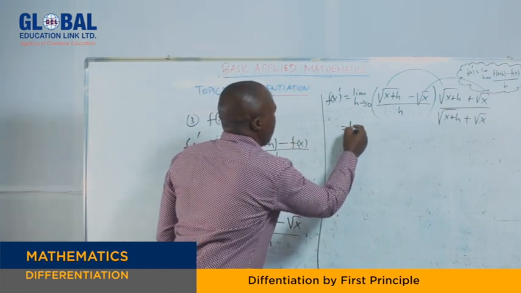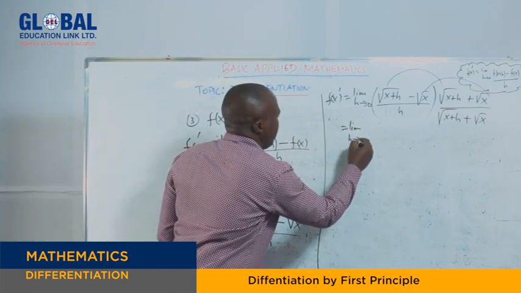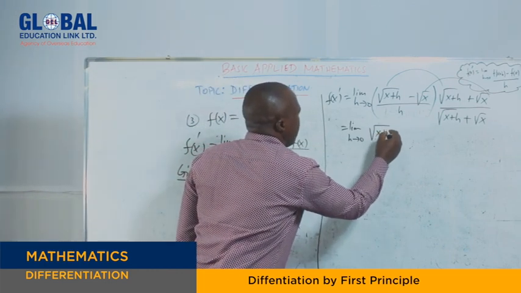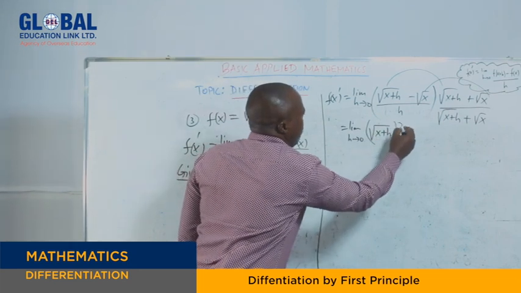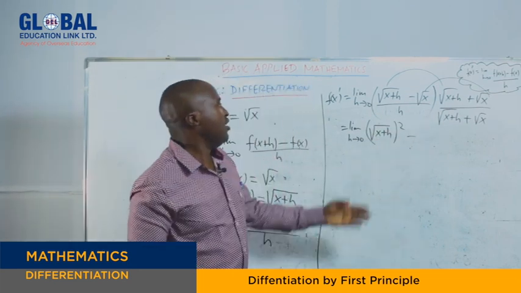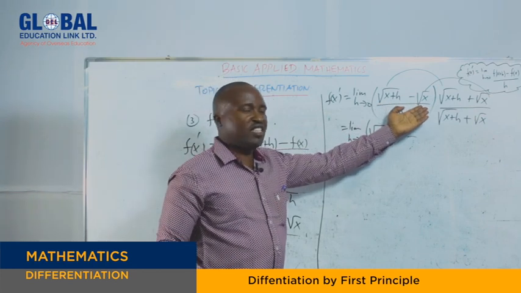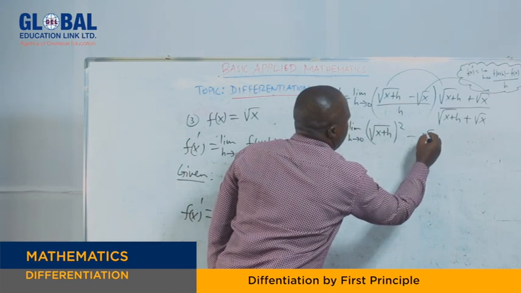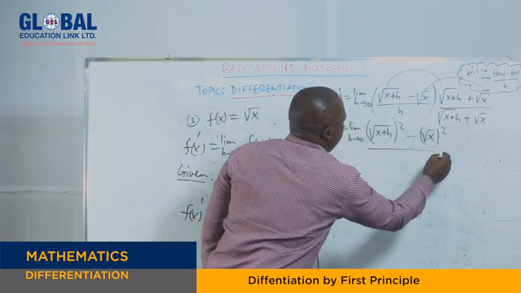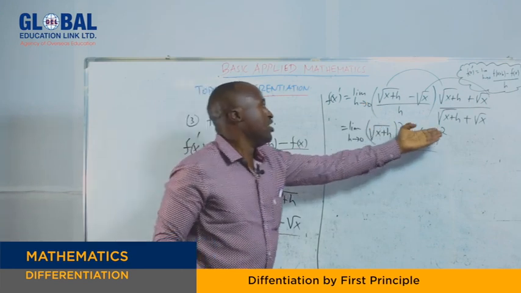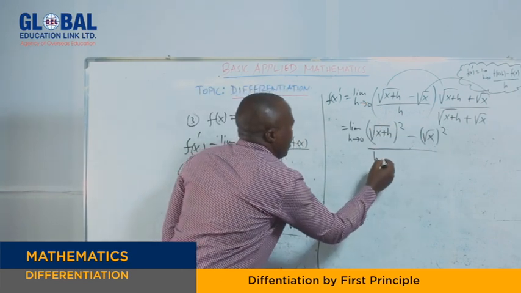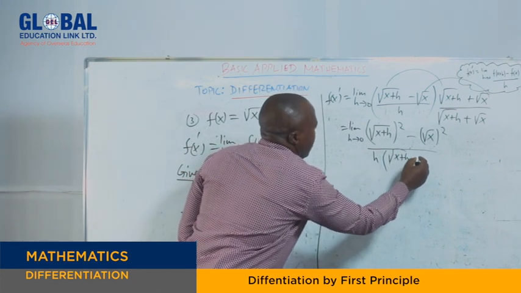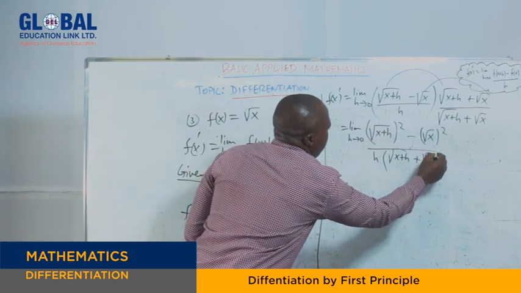So this will be equal to the limit as h approaches 0 of the square root of x plus h squared, minus the square root of x times the square root of x, that is the square root of x squared, over h times the square root of x plus h plus the square root of x.